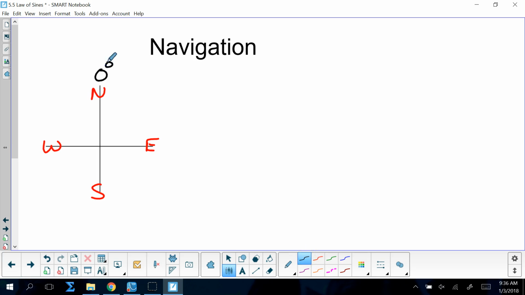It's all bearing and north something west and all that fun stuff. But the other big thing is that it goes clockwise instead of counterclockwise. So this then would be 90, this then would be 180, and this then would be 270.